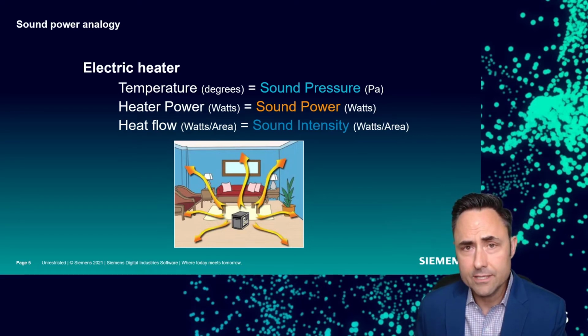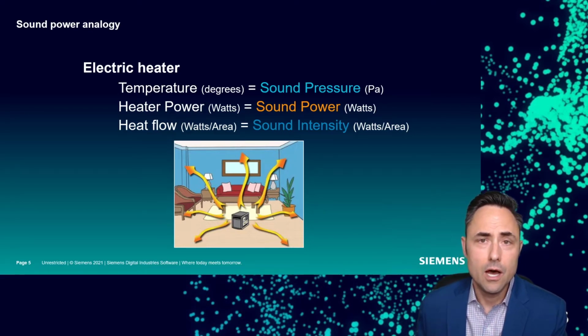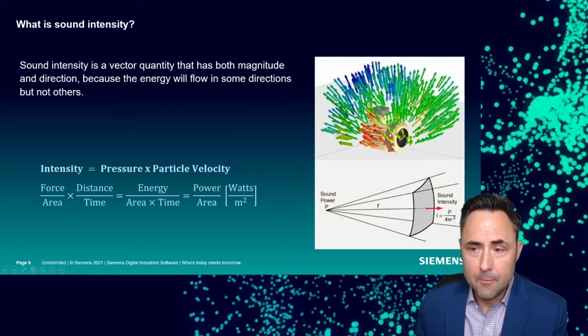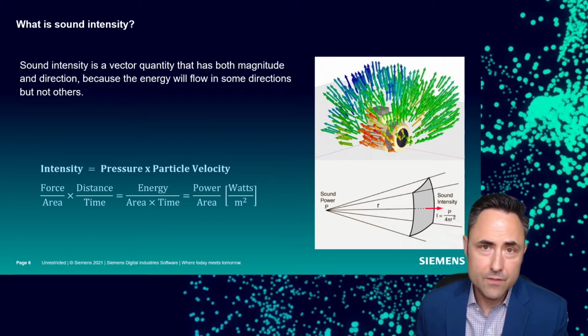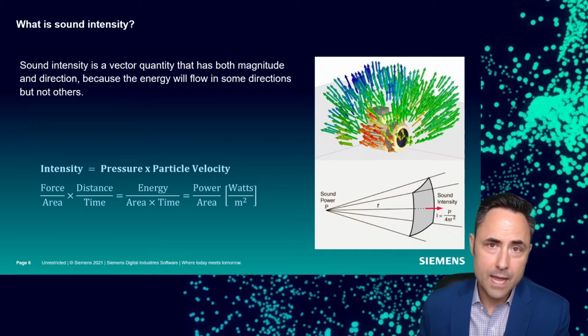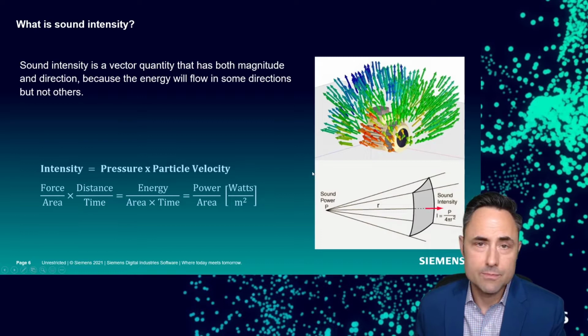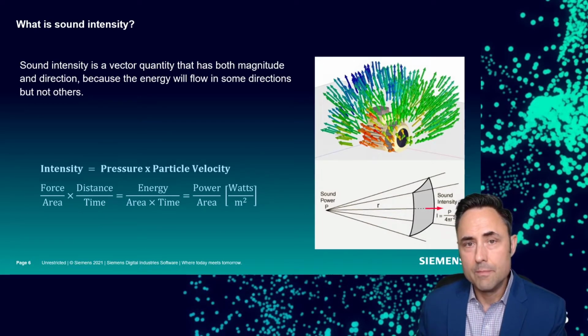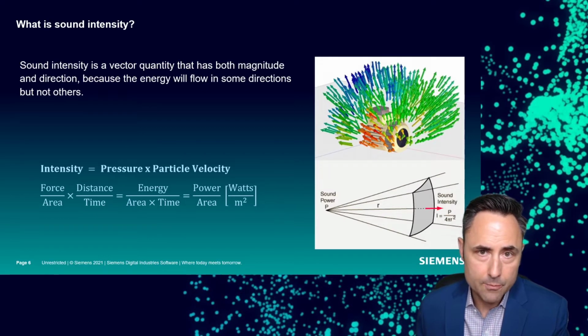And so sound intensity is really concerned with the amount of energy per unit area, or watts per unit area, okay? We take the sound energy and map it to how much comes out given a unit area, and we measure it in such a way that we end up with a vector, okay?